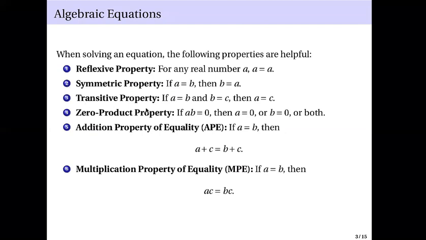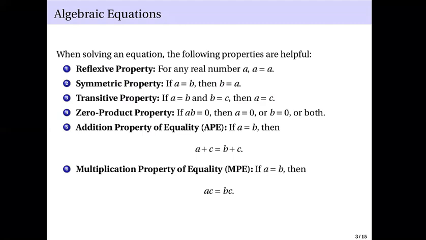Now, the transitive property. If A equals B and B equals C, then A equals C. Let us think of a possible scenario, again using siblings as the equality, the equal sign.